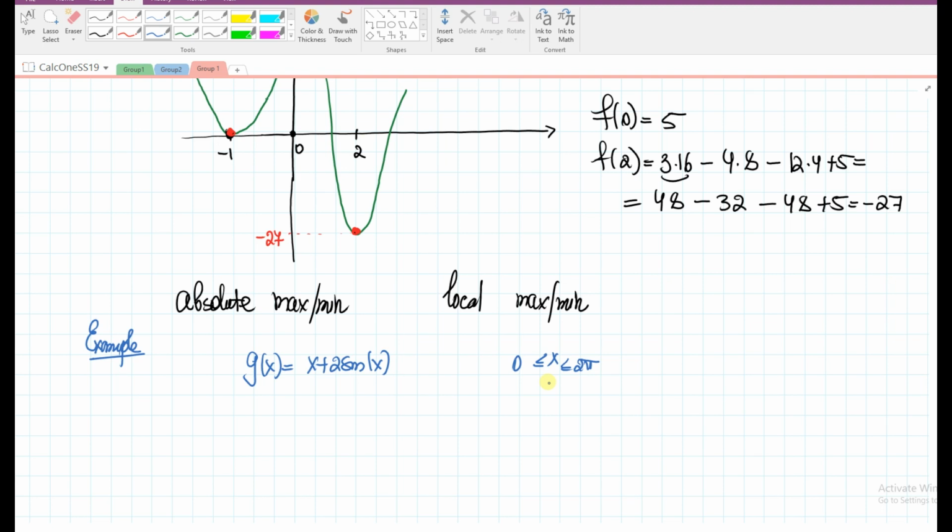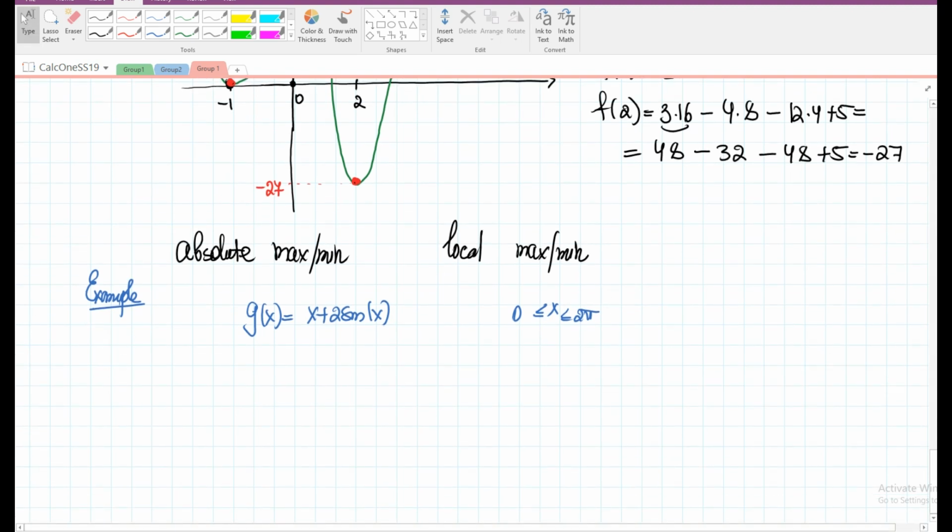It goes to infinity in the negative direction as well. So we can find the local maximum and local minimum. We call it a local maximum if your function is going up and down, and a local minimum when your function is going down and up.